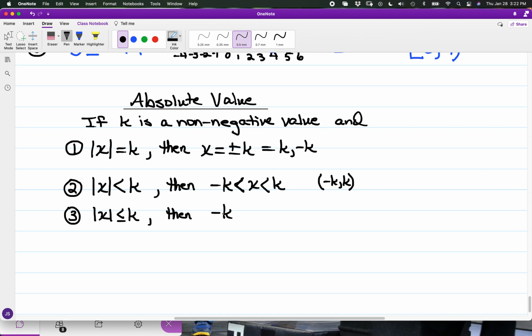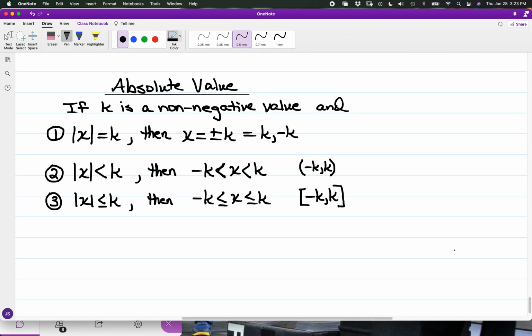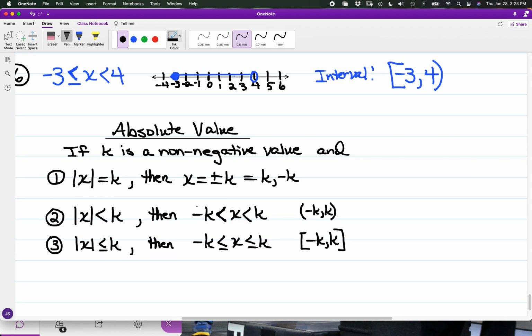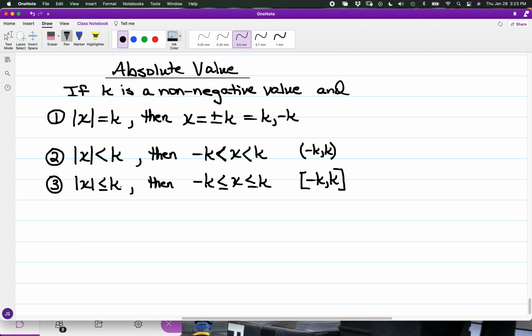So in this case, you're going to have that negative k is less than or equal to x, which in turn is going to be less than or equal to k, and your interval notation would be, say, brackets around negative and positive k. Right. So you have pretty much the same mode of behavior whenever we have the absolute value inequalities that have less than or equal to k.